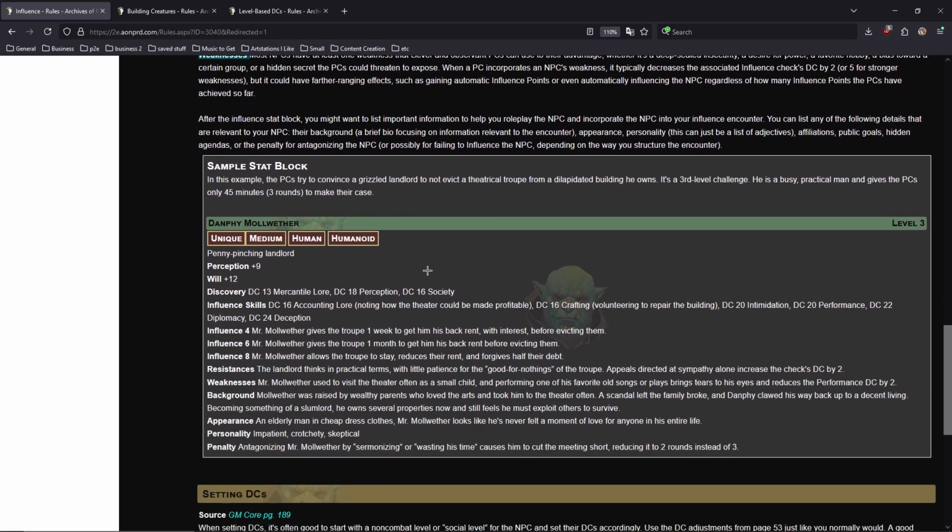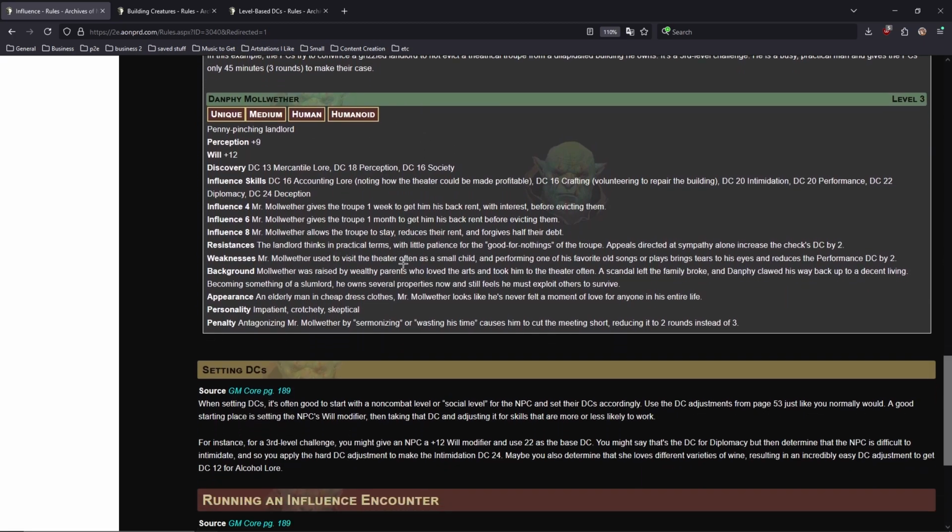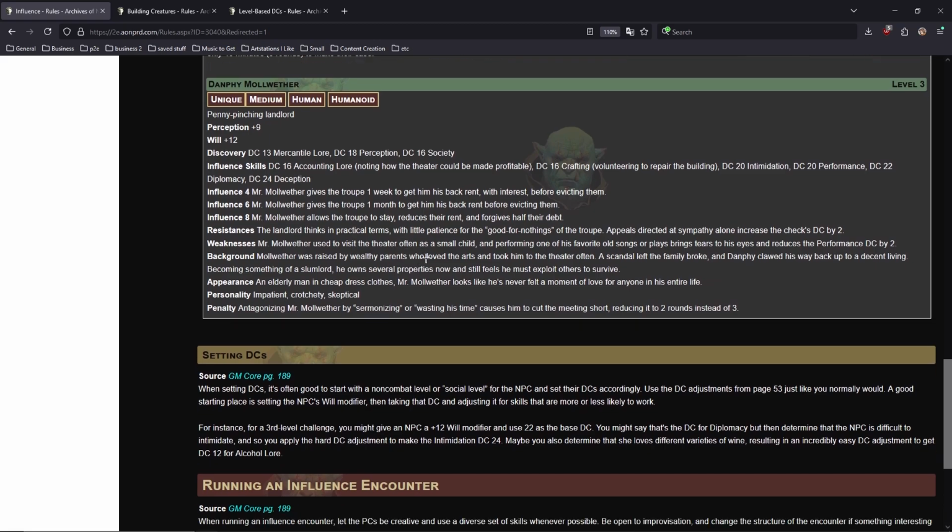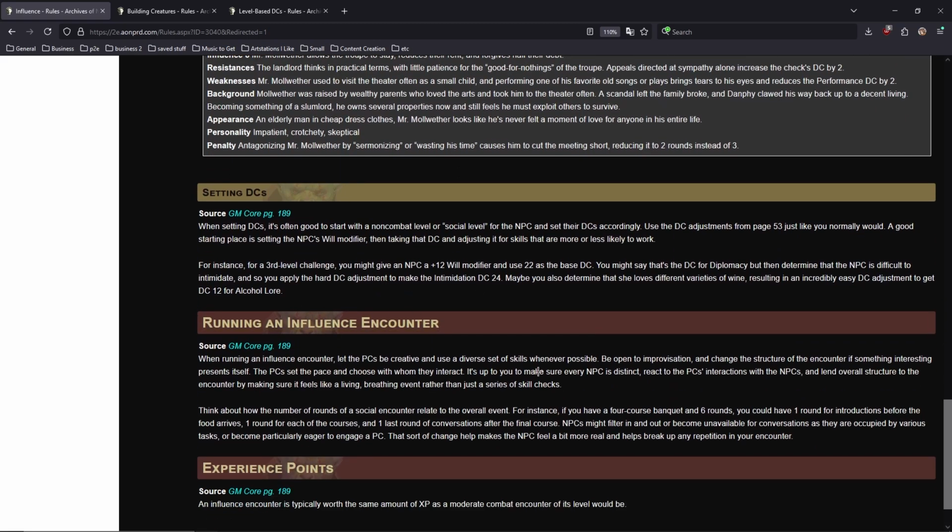They have a sample stat block here, which I won't go too deep into because I have some prepared for you. And then at the bottom here, they have a discussion of how to run an influence encounter, saying, as I did, that generally you should be very open to improvisation, let people use diverse sets of skills whenever possible, let the PCs set the pace and choose who they interact with, keep the NPCs distinct, react to your PC's interactions, and just generally try to make it feel like an encounter rather than a series of skill checks.